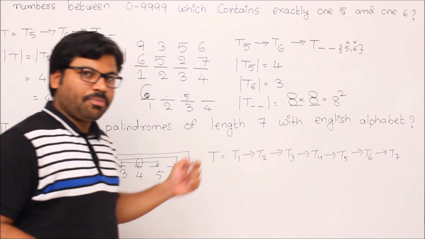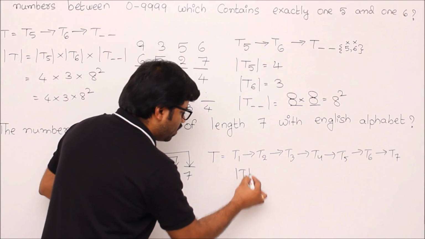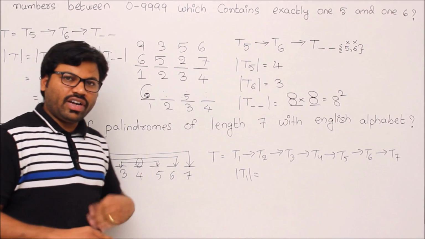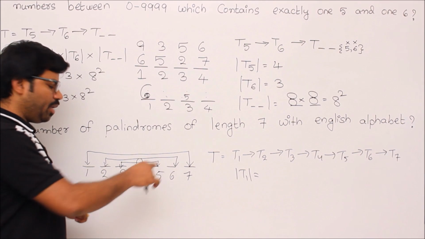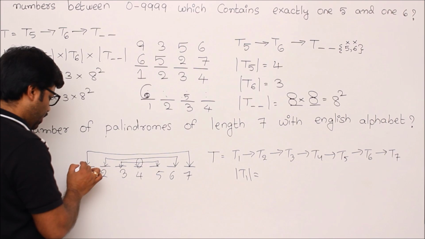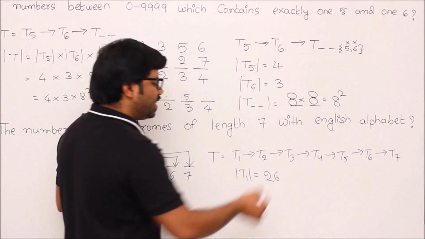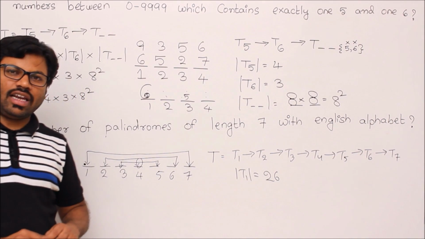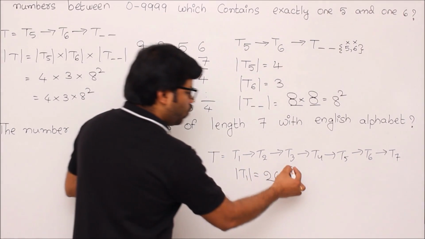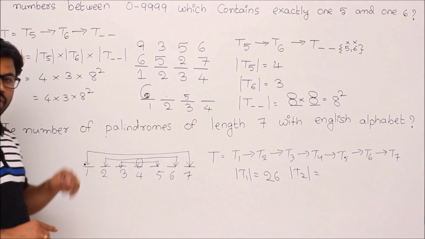Let's do that quickly. How many different ways can you do T1? Since this is the first task, we have not filled anything. When you have 7 empty positions and are filling the first position, it can be filled in 26 ways because we are using the English alphabet. There are 26 letters in the alphabet, so we can fill it in 26 ways. Now T2, filling the second position.